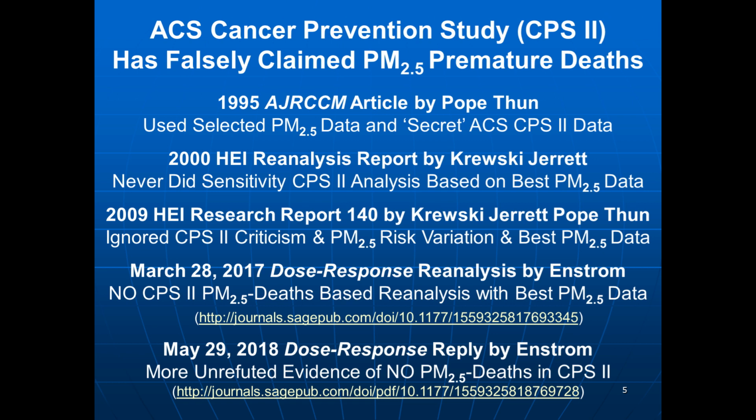In March of 2017, I published a major reanalysis after I had gained access to the CPS2 data, a very old version of this data, but enough to make some reasonable reanalyses. And this showed that there was no effect if you used the best available PM2.5 data and you used all the information that was contained in this CPS2 cohort.